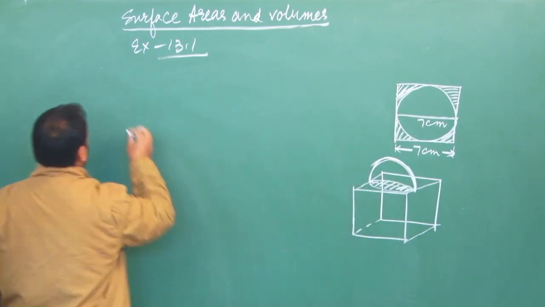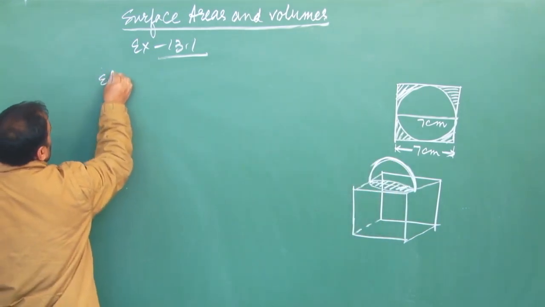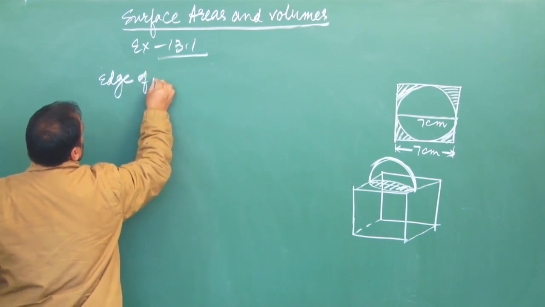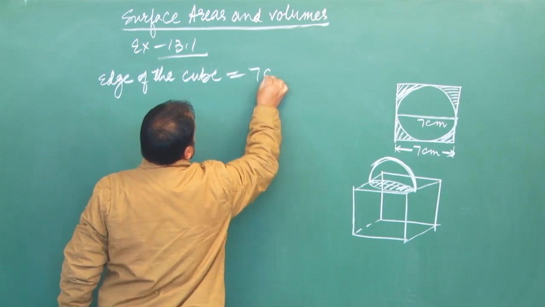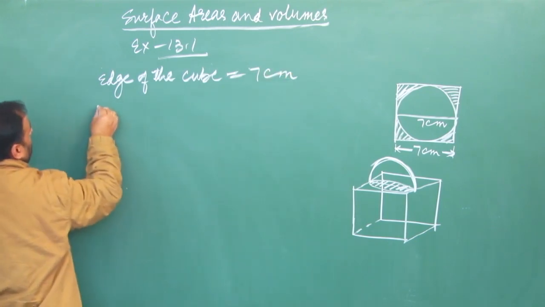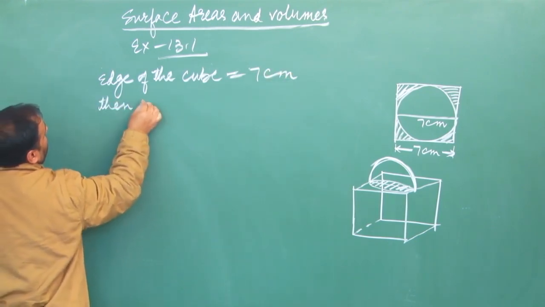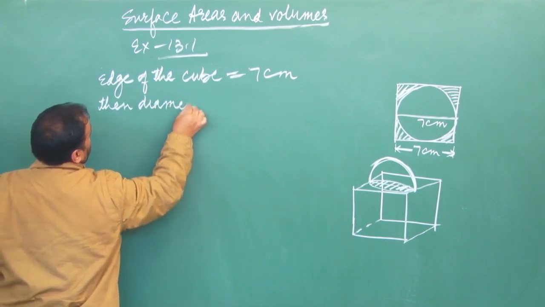So, the edge of the cube is 7 centimeters, then the diameter of the hemisphere is also 7 centimeters.